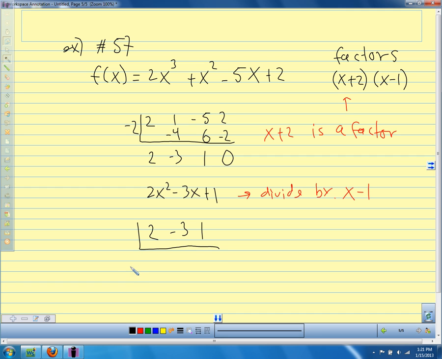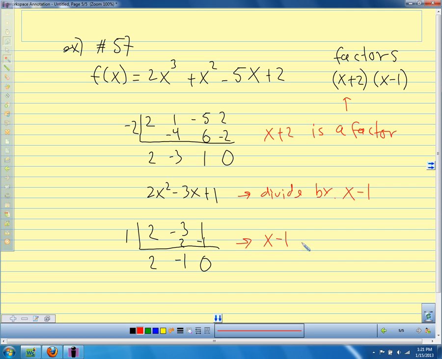Wait, what is the question initially asking you? The question asks us verify that these are factors, and then find the remaining factors. So like we did on the example before. So I have a 1 here. Bring down the 2. 2 times 1 is 2. Negative 1, and my remainder is 0.